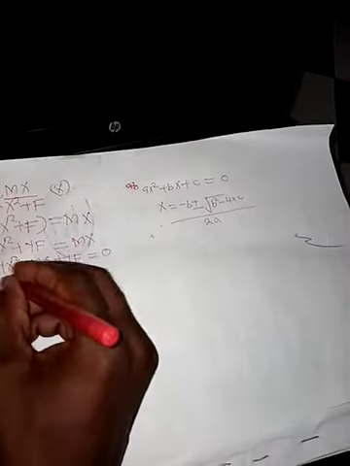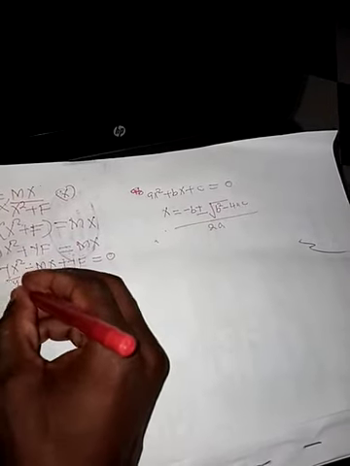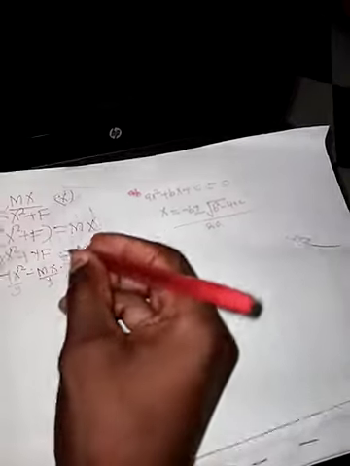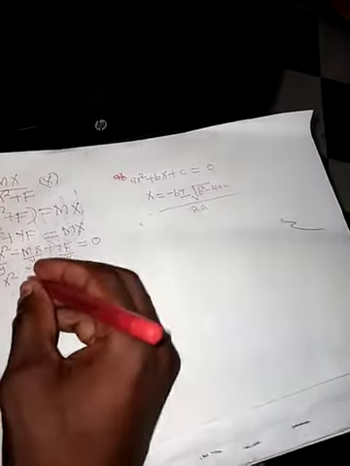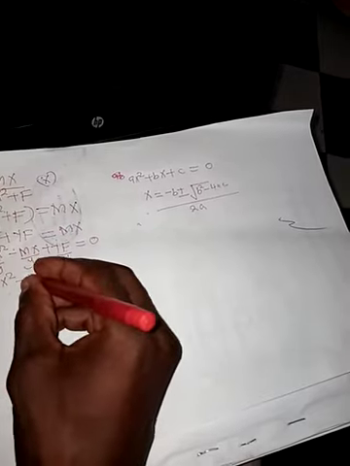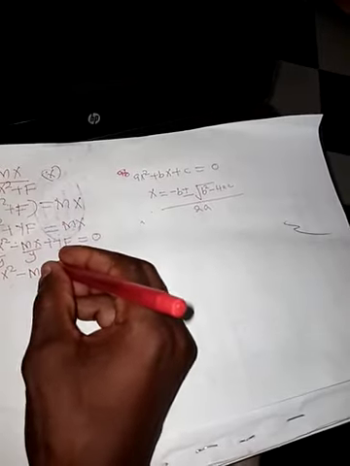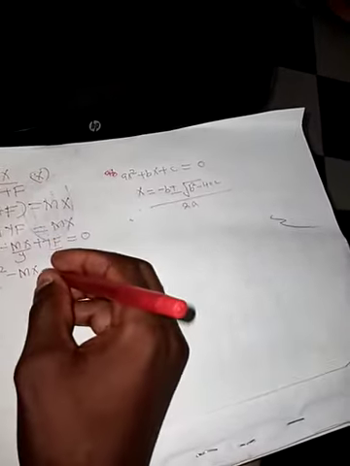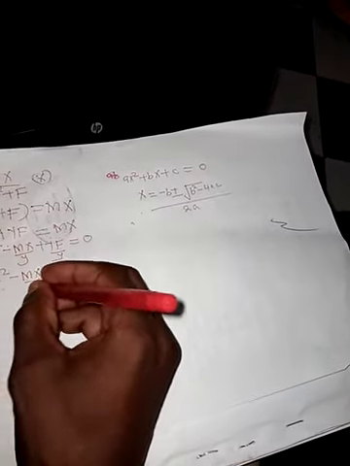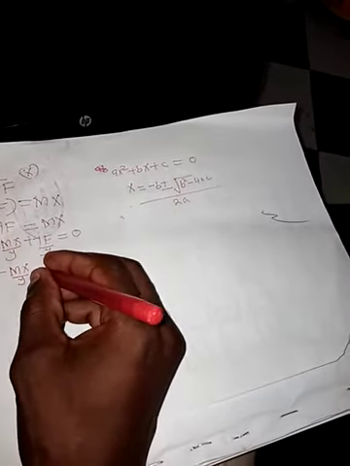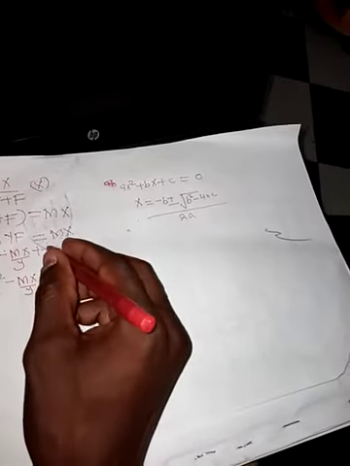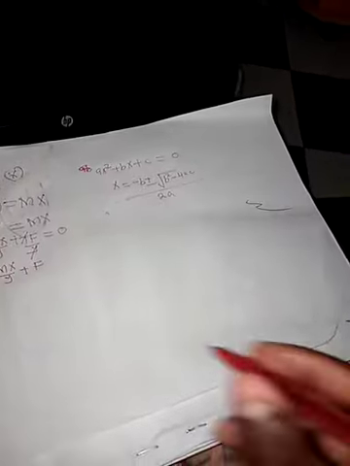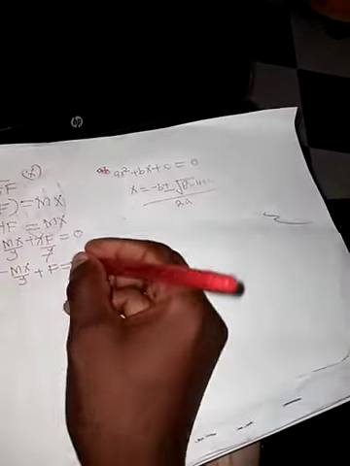So you divide this side by y, you divide by y, you divide by y. So we will have x squared minus mx over y plus f, because this y will cancel this y here, is equal to 0.